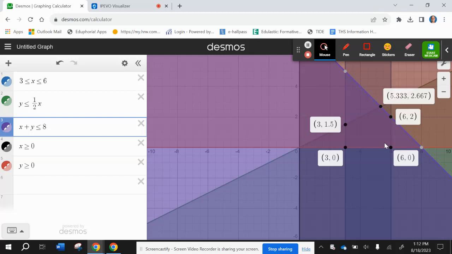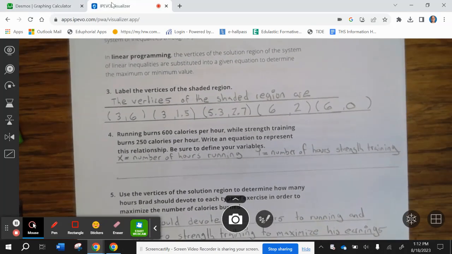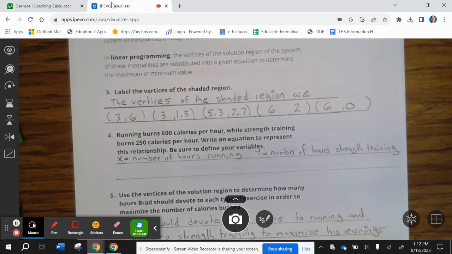Okay, so those are our points. Okay, so there are our vertex points.